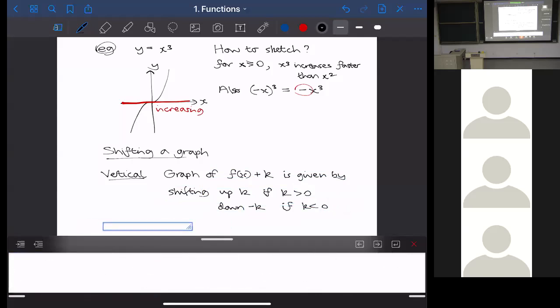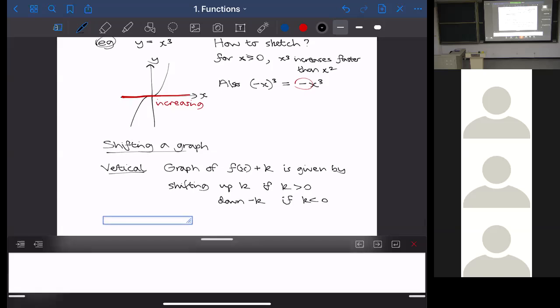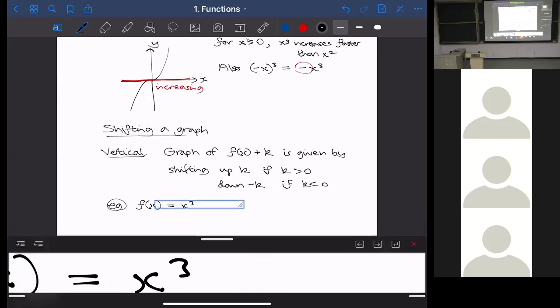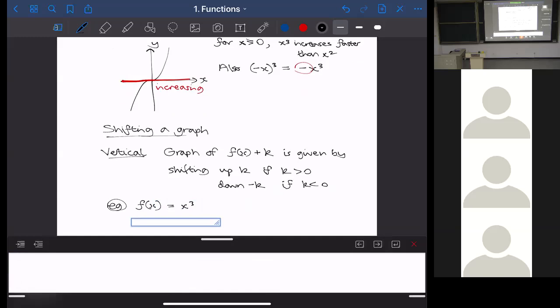So let's do an example. If f(x) equals x cubed. So first, let's take x cubed plus 1.